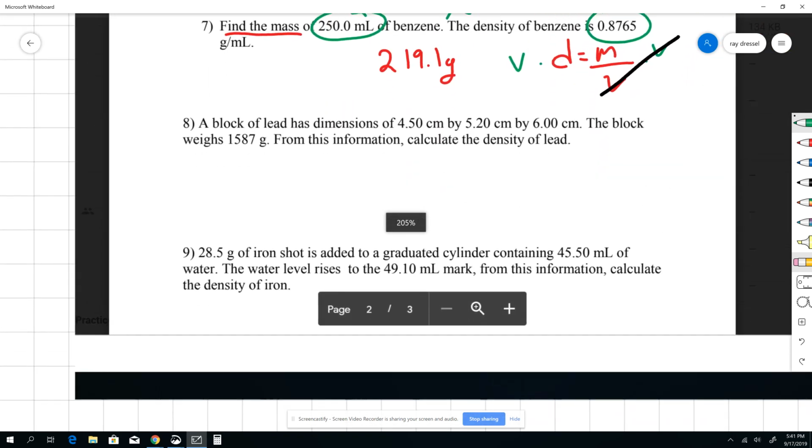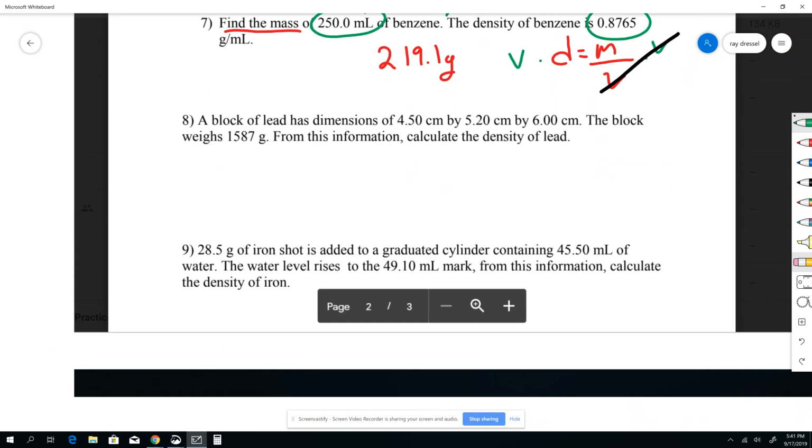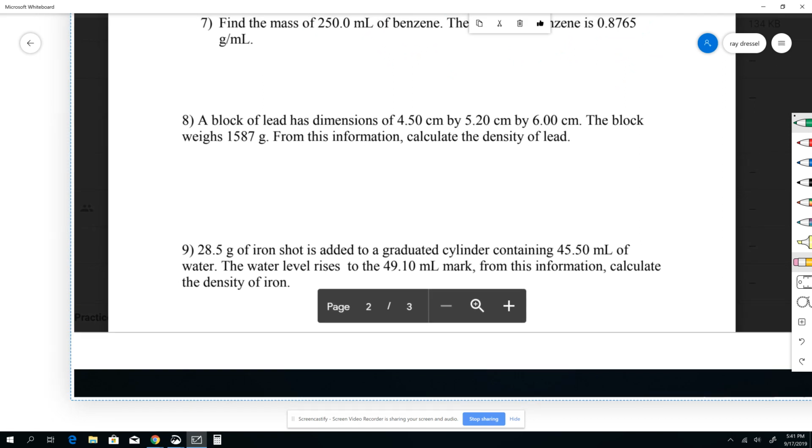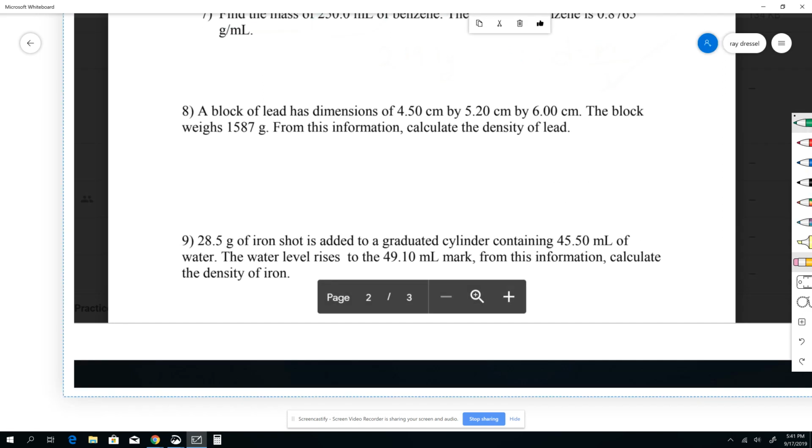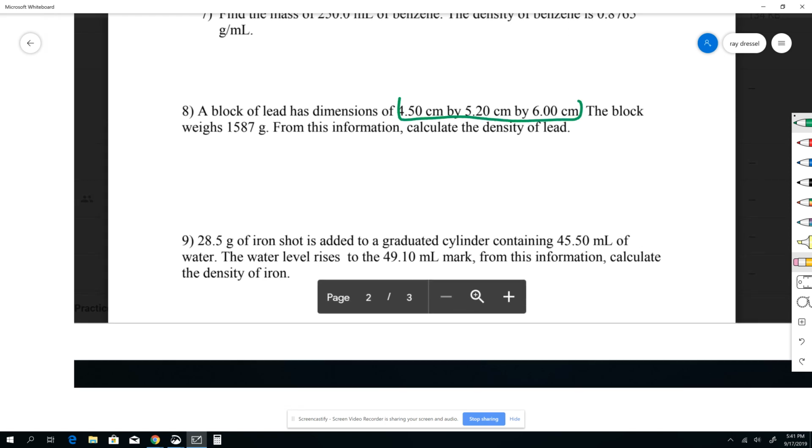For number 8, we'll clear that out. A block of lead has a dimension of this by this by this. Remember you can get volume by length times width times height, meaning I'm just going to multiply those three things together, and that gives me my volume. We want to calculate density, so density is equal to the mass divided by the volume.